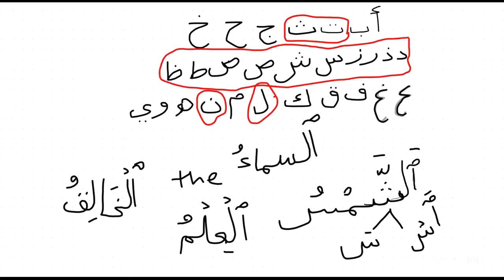And the sun letter gets shadda. Very good. As-sama'u. All right, so as-sama'u. We skip the lam of ta'rif. We do not pronounce it. Meanwhile, we give the sin the shadda, because it is a sun letter coming after lamu ta'rif.